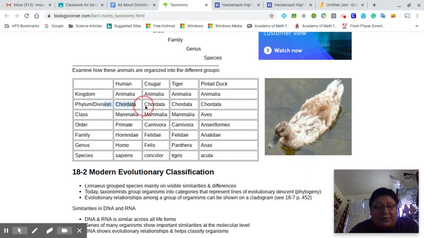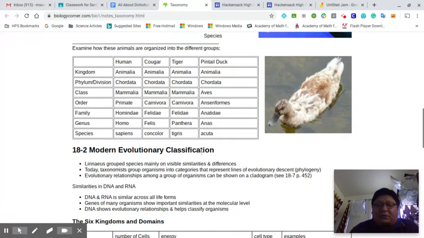We may all belong to the same phylum. 3 of us belong to the same class. These two guys right here belong to the same order, then these two guys belong to the same family, and it gets more and more specific until we get to the last two. And the last two are the genus and the species for the scientific name. All right? And that's what we're looking for.